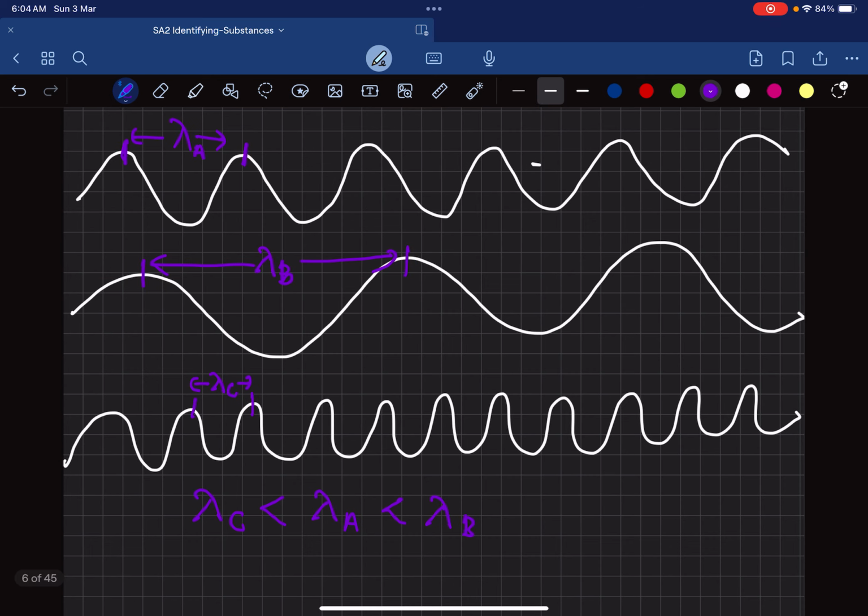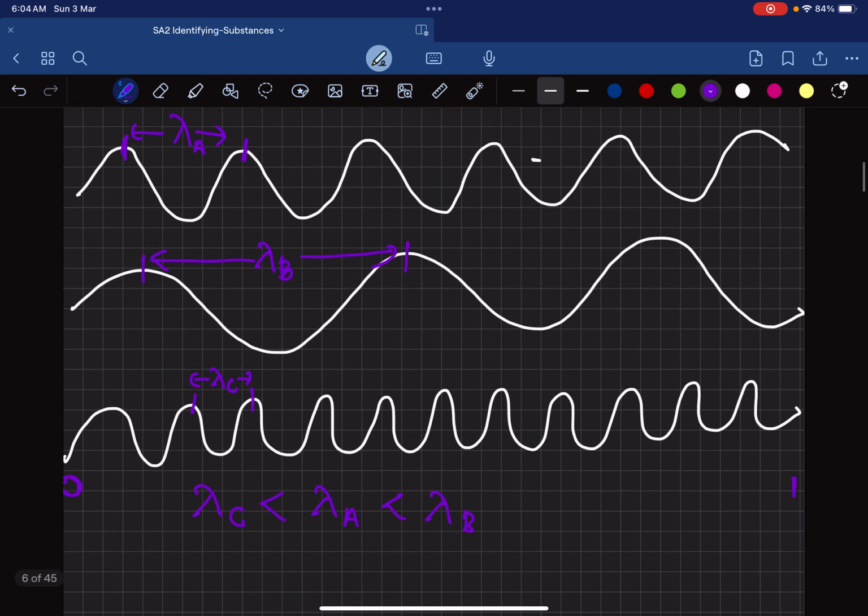So if this picture is taken in 1 second, let's say from here to here is 1 second, then we can relate this to frequencies. Frequency is the number of waves in 1 second.